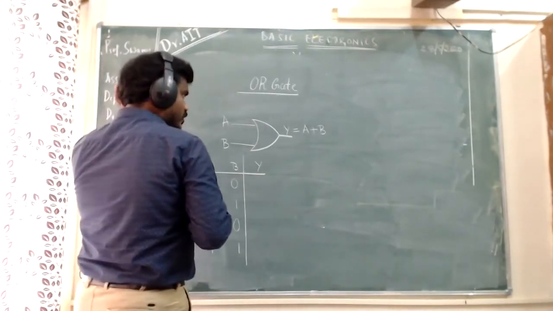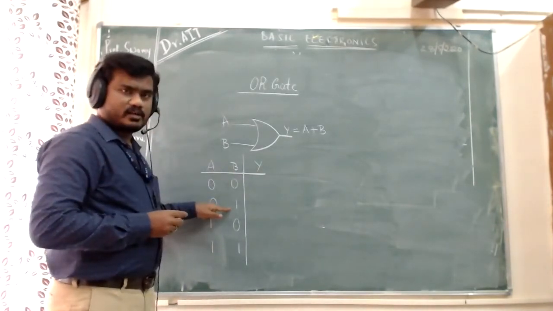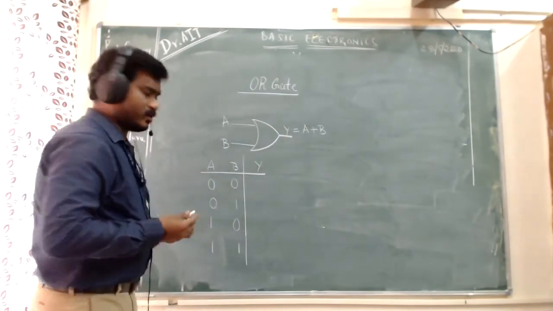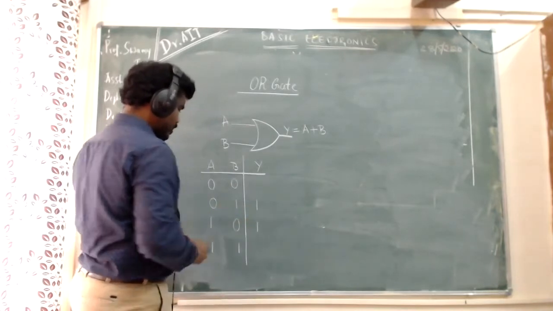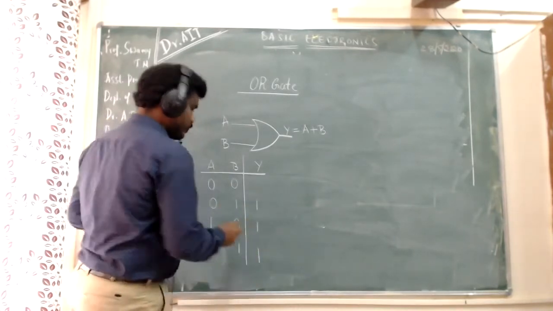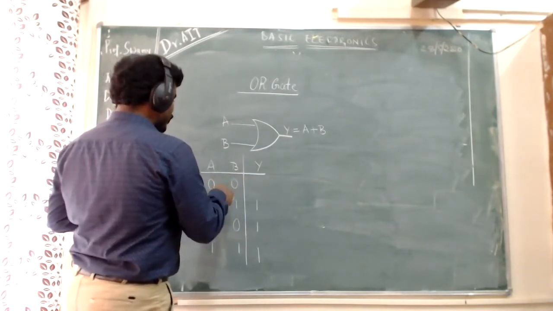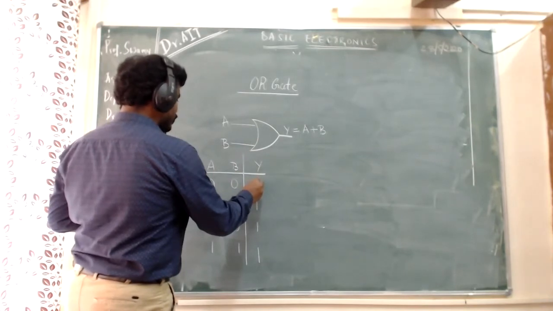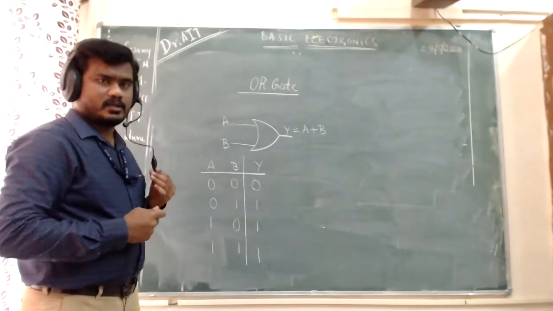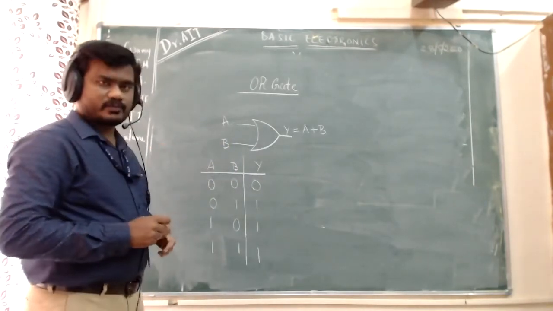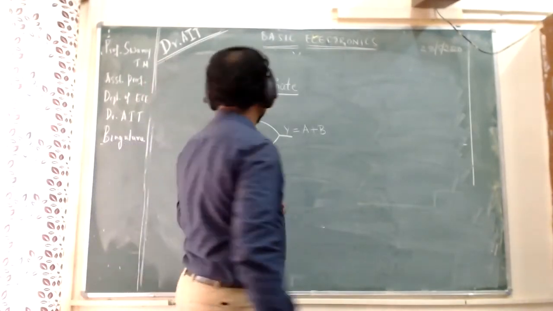The specialty of the OR gate is, if any one of the inputs is logic high, then its output is logic high. So for this case the output is 1, for this case the output is 1, and here also the output is logic 1. And the output is logic 0 when both inputs are equal to 0.